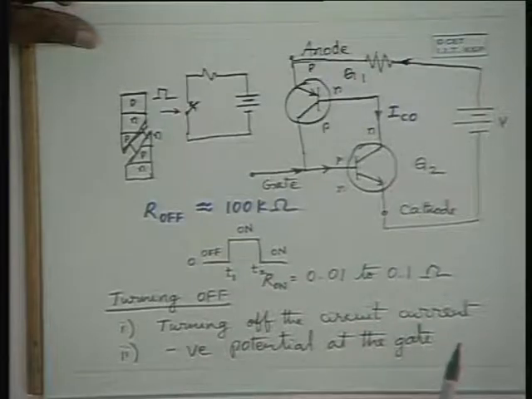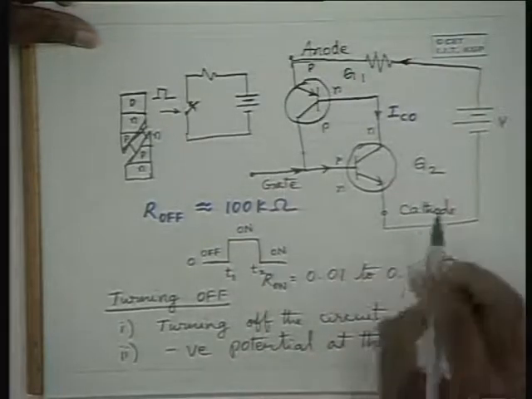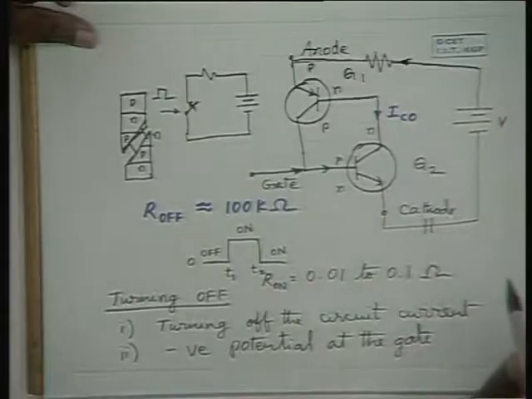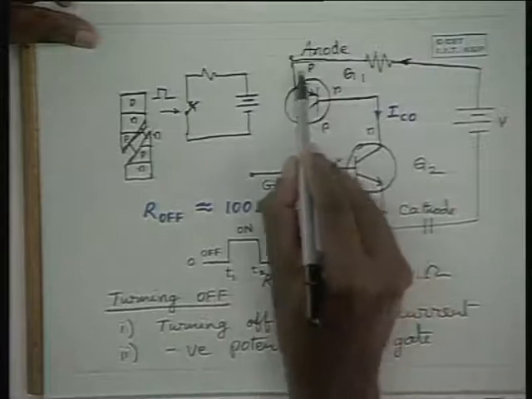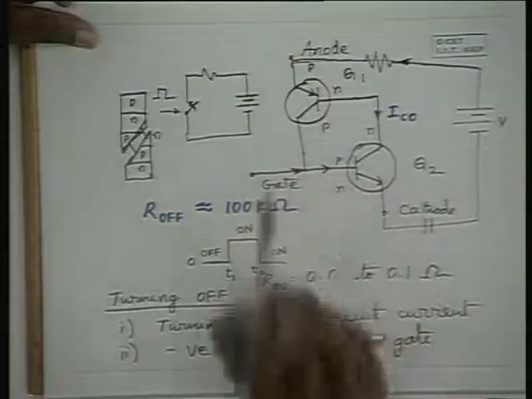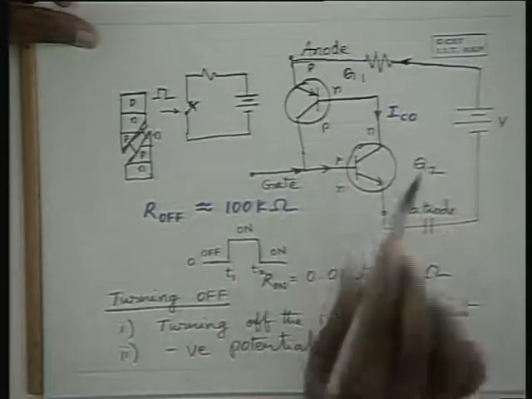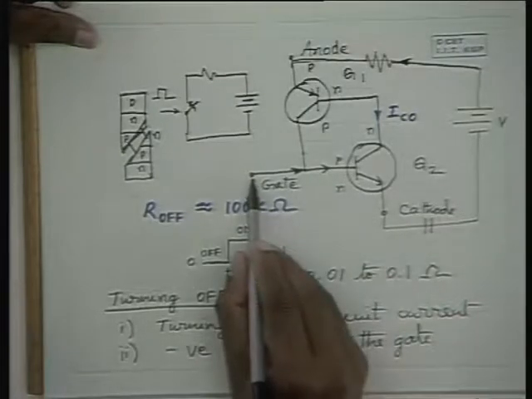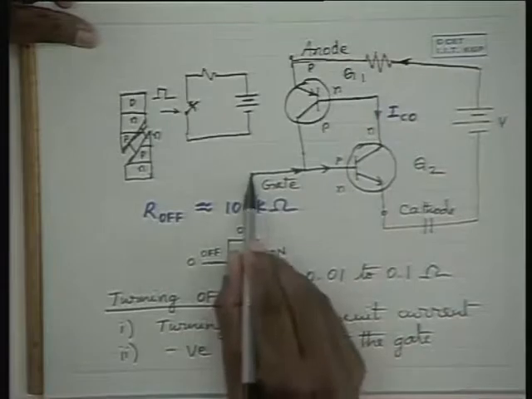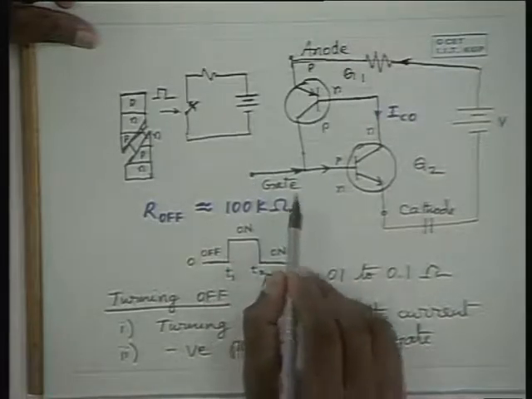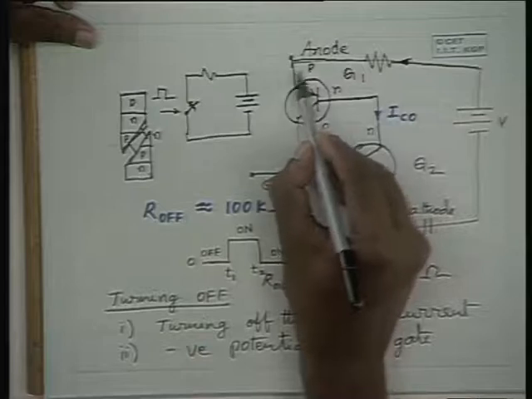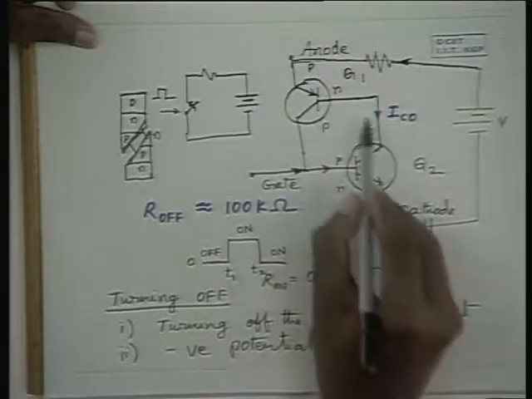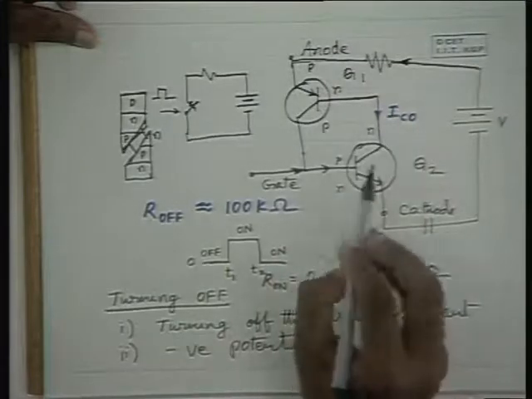Now, if this is turned on, that means if the circuit is broken somehow, or the current flowing through the SCR is made to go down to 0, then when there is no potential applied here, that means when it is at ground potential, and if the current is broken, then there is a discontinuity in the current that takes place.